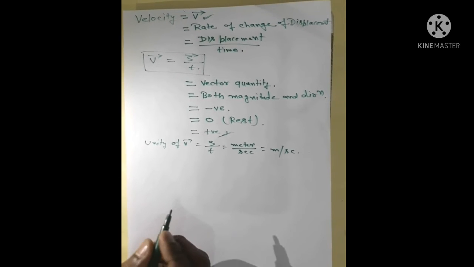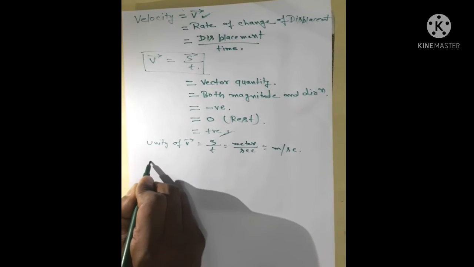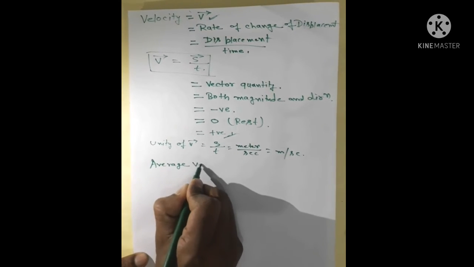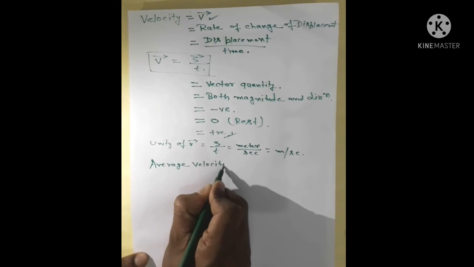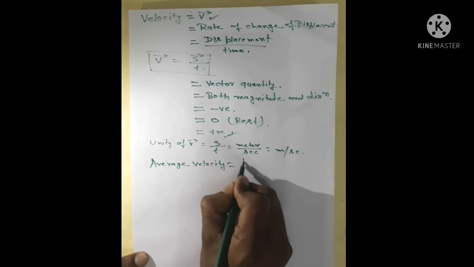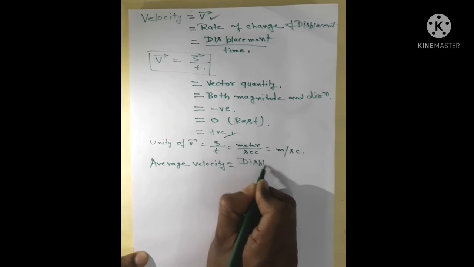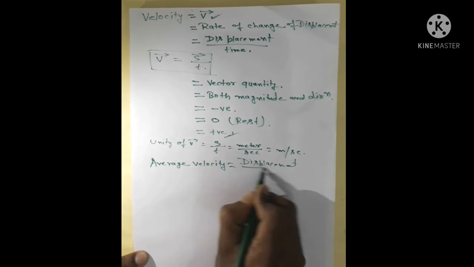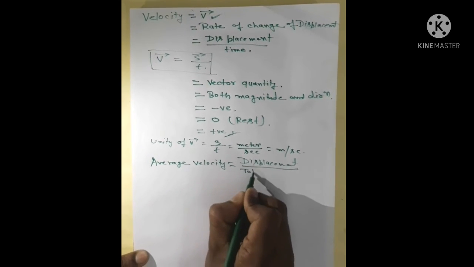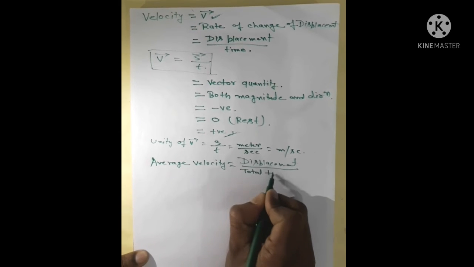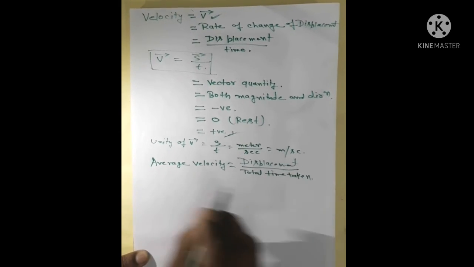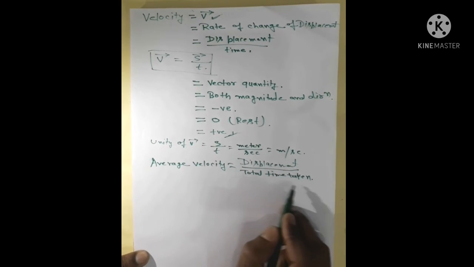Now average velocity. Average velocity is equal to displacement by total time taken.